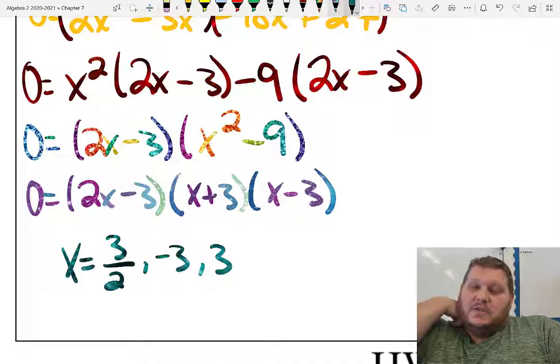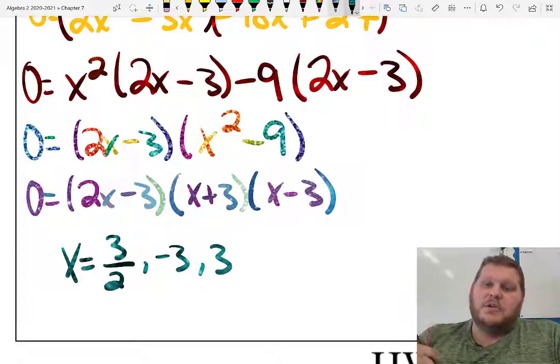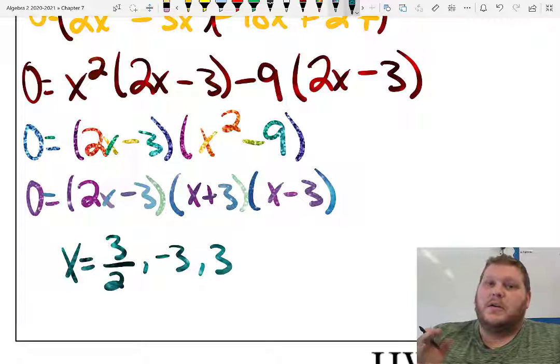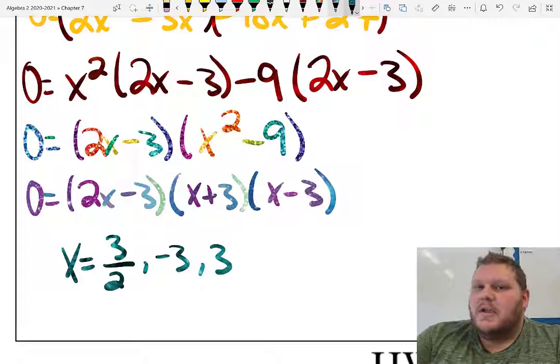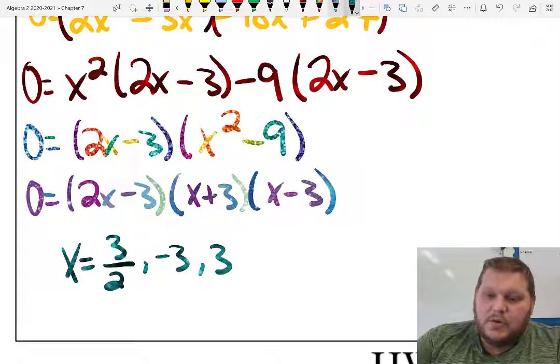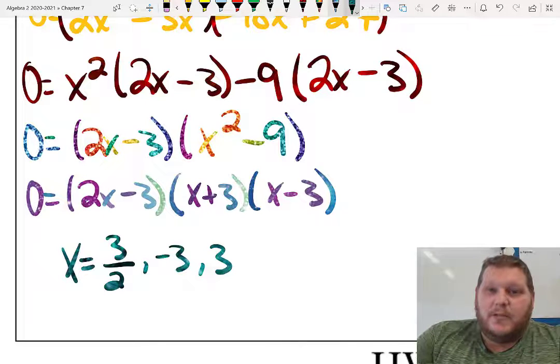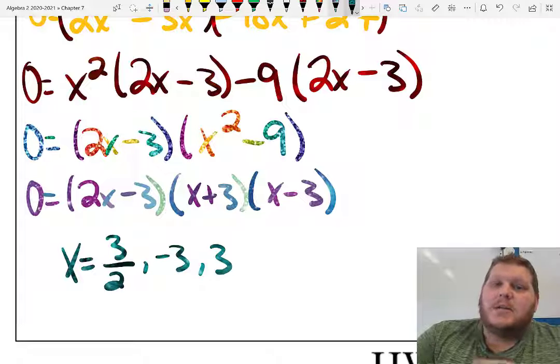Now, as soon as we start dealing with these rational equations, where you've got variables in the denominator, just like those restricted values, I have to check to make sure that none of these would make my denominator 0. So I have to go back to my original problem and plug these in to make sure I don't get a 0 for any of my denominators.